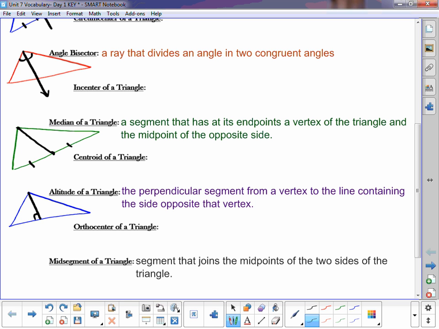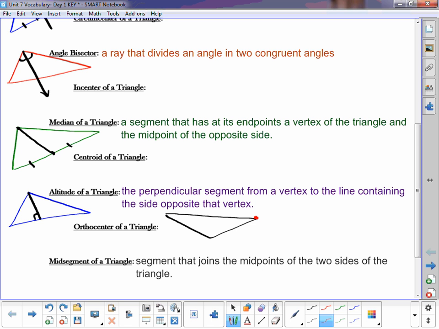Now, sometimes our altitudes actually fall outside of the triangle. So, for example, and you don't have to draw this down, this is something we'll investigate in a couple of days. But if I had an obtuse triangle, and I wanted to do, let's say, the altitude from this vertex. Well, if I go to anywhere over here, none of those are going to be perpendicular. In fact, it hits perpendicular outside of the triangle.